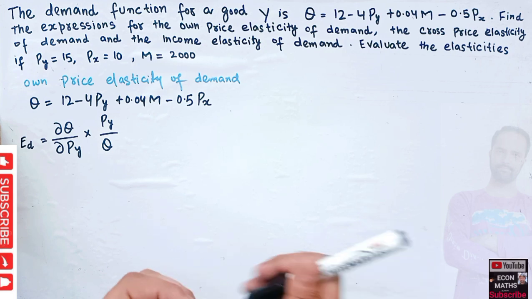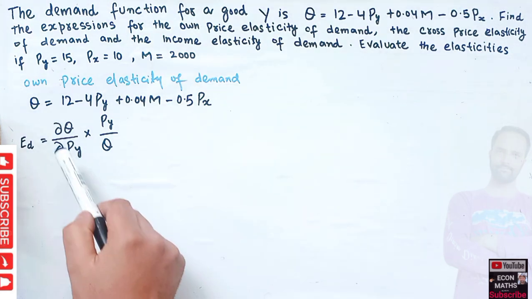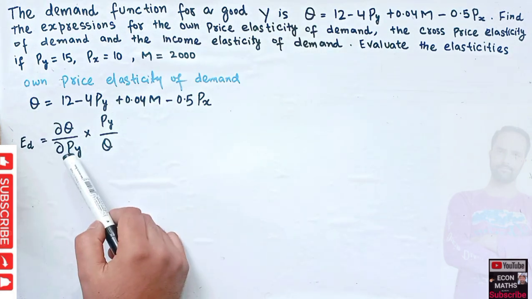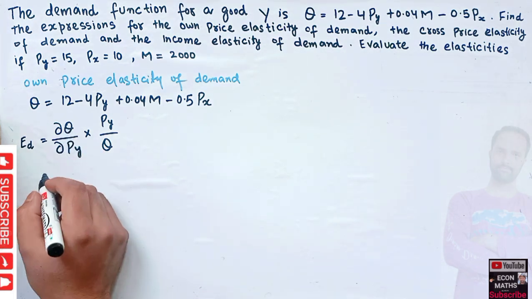That means how this dQ/dPy, the change in the quantity demanded of good Y, responds to price. Okay, so how do we calculate this dQ/dPy?